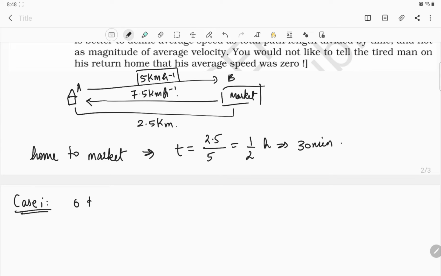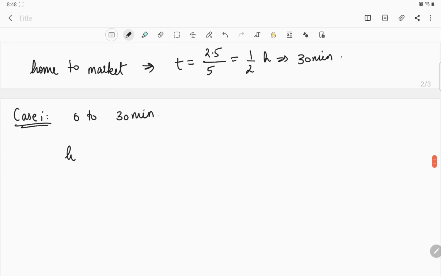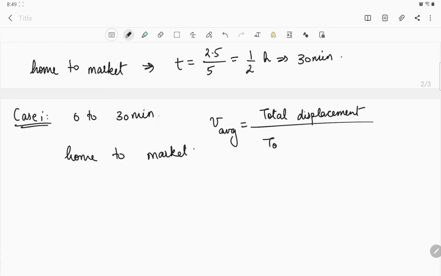So from 0 to 30 minutes, in case 1, where is this man going to go? So he is going to go from home to market. That is the time that it takes. So what is the V average? V average is equal to total displacement divided by total time.